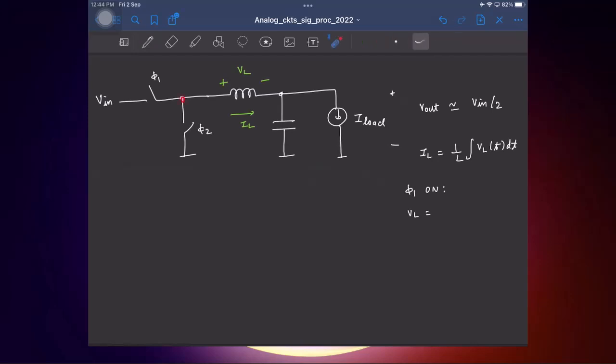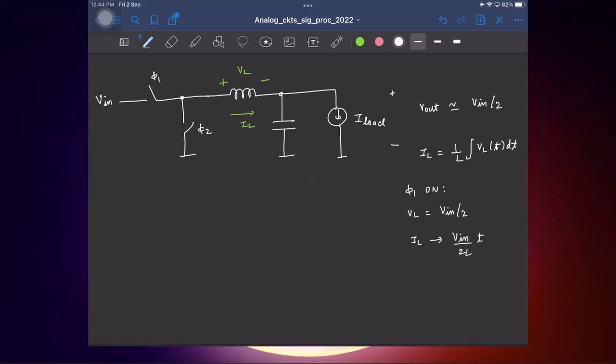Vin minus Vin by 2, so that's Vin by 2. So the inductor current, what will it do? It will ramp up, right? The inductor voltage is constant, so the current will ramp, and what is the slope? Vin by 2L.